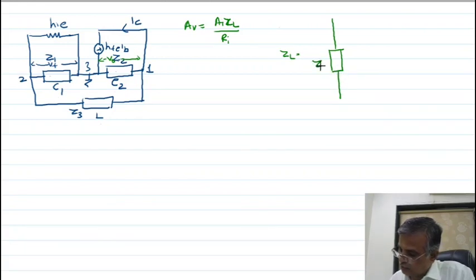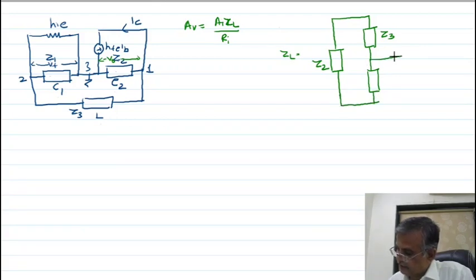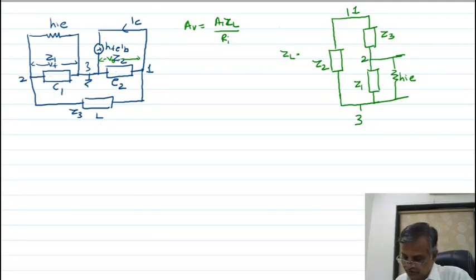Across Z2 you are getting the output, but with Z2 another component is also connected, so I have to consider Z1 and Z3. Look here, this is terminal number 1, this is terminal number 3, and this is terminal 2. Between 2 and 3 there is hie.